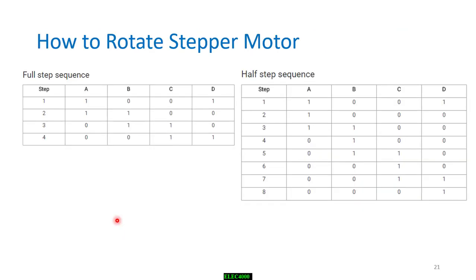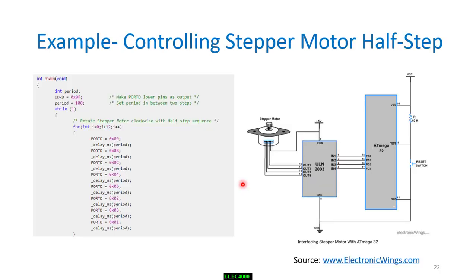Any idea? 9, 8, 6, 4. Okay, and so on. So this is 4, 5, and this is 2, this is 3. So this is the idea of how to control the stepper motor.